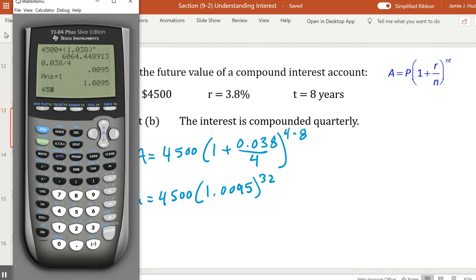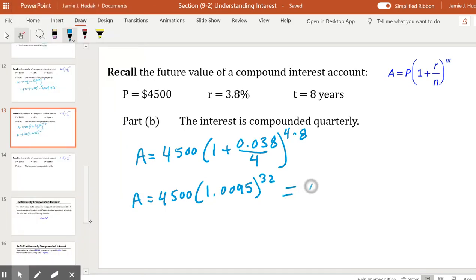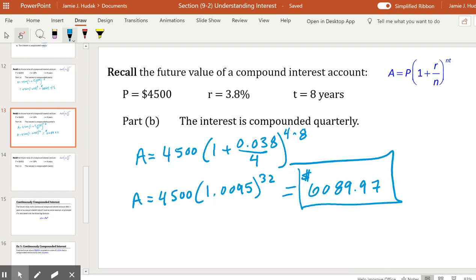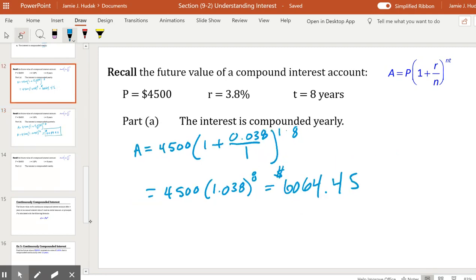So we have 4,500 times 1.0095 raised to the 32 power, and we get $6,089.97. So we see that by increasing the number of compoundings, we made an extra $25 over 8 years' time.